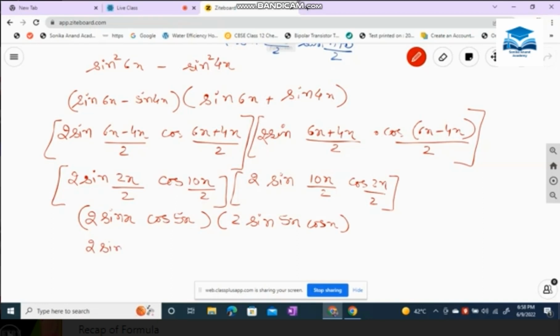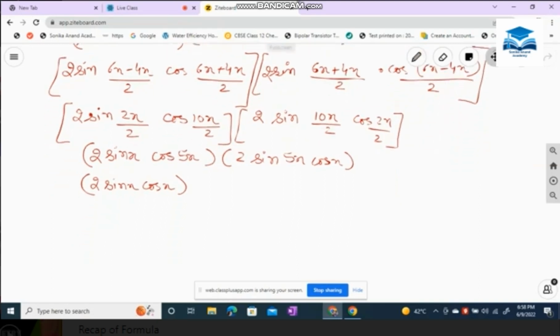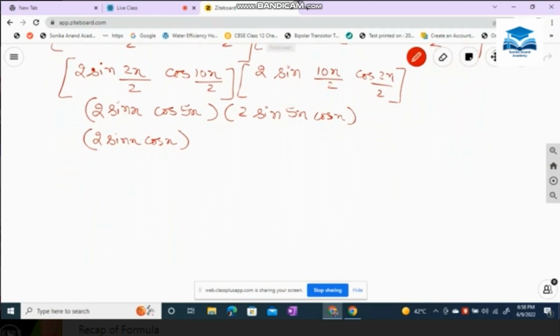2 sin x cos x. Make this one group. Do you understand how I will make this? In another bracket, write 2 sin 5x cos 5x. We again regrouped it.